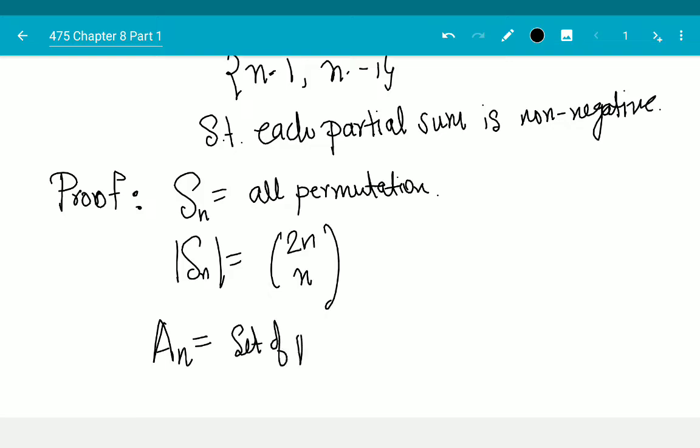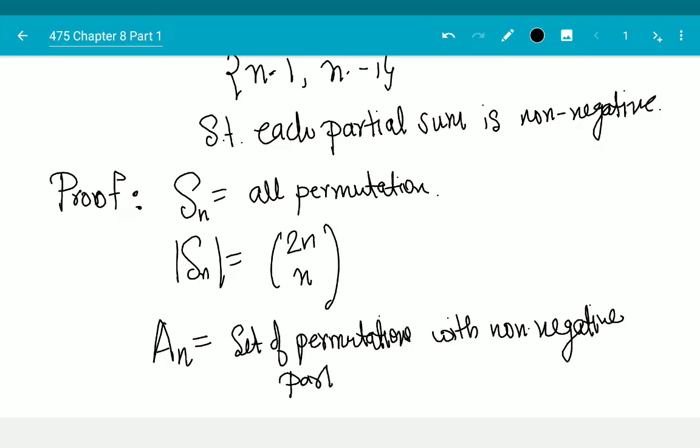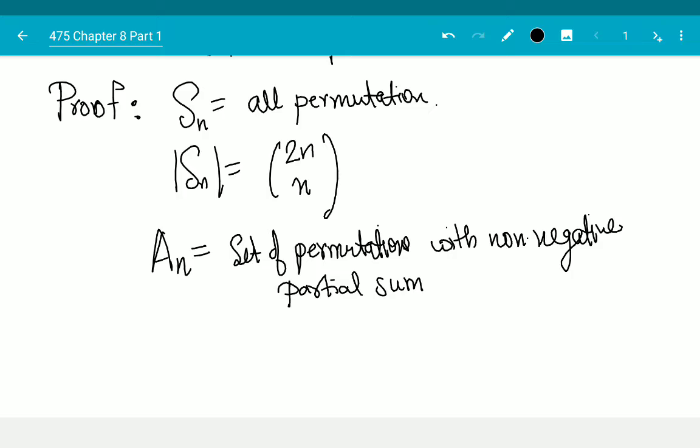Let A_n be the set of permutations with non-negative partial sums, and we want to show the cardinality of A_n is then C_n. That is what we want to show.